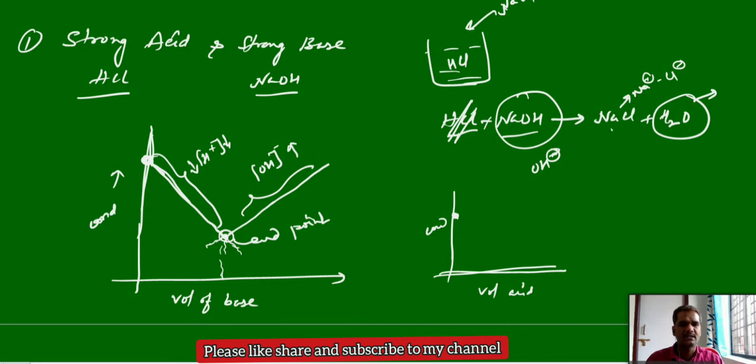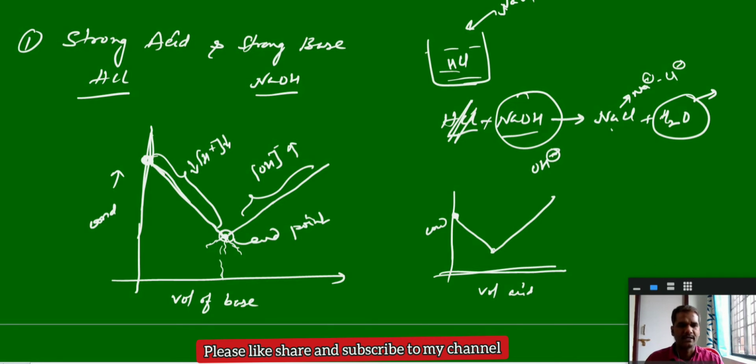By adding acid, slowly the conductance will decrease. Again they will reach some end point. Then if you add some more excess HCl, the conductance value will increase. So whether you take acid versus base or base versus acid, for strong acid and strong base, the conductometric graph looks the same.